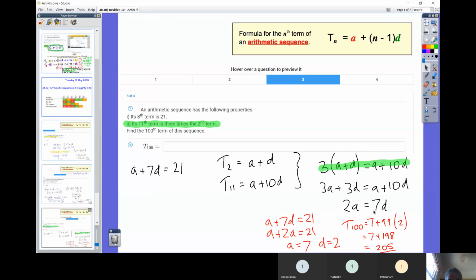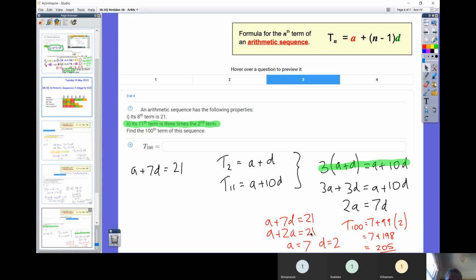Now what I've done here, because I know that a plus 7d equals 21, I'm just going to replace this 7d with this 7d equaling 2a. All right, so that's how I'm solving this simultaneous equation, because I've got 7d in common.